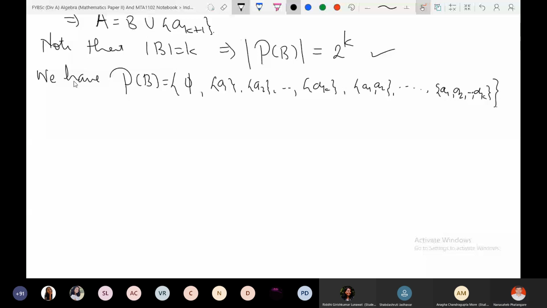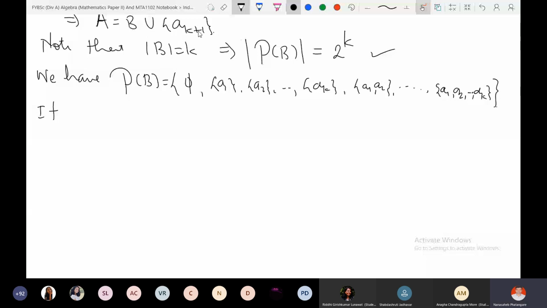Now, from this, how will you get the power set of A? What is missing if you compare the power set of A and the power set of B? AK plus 1 is missing, right?